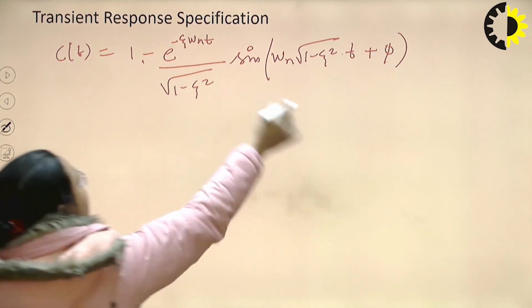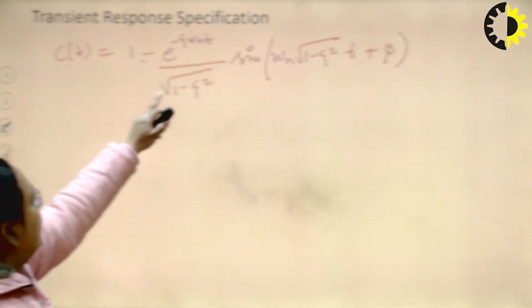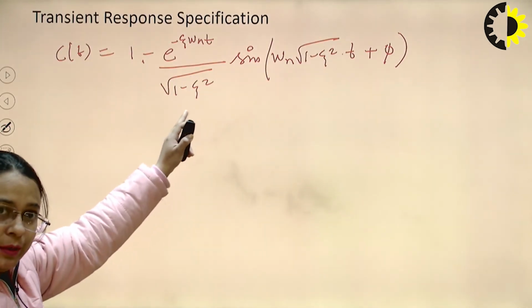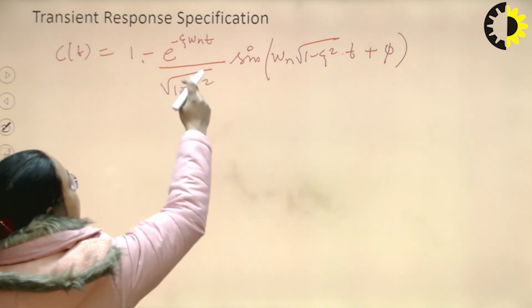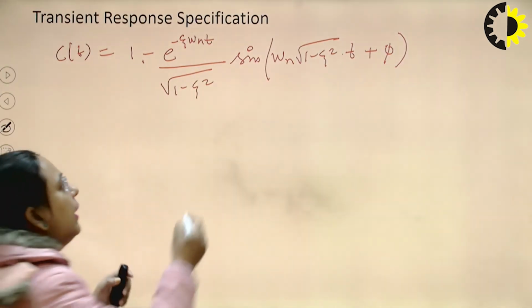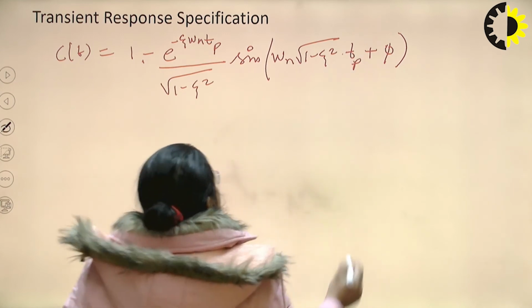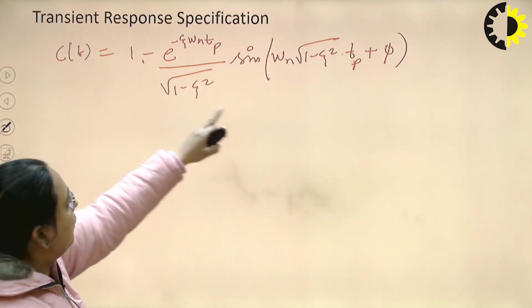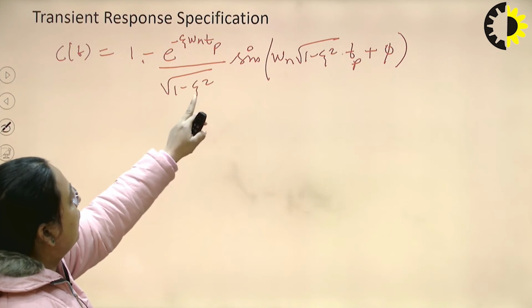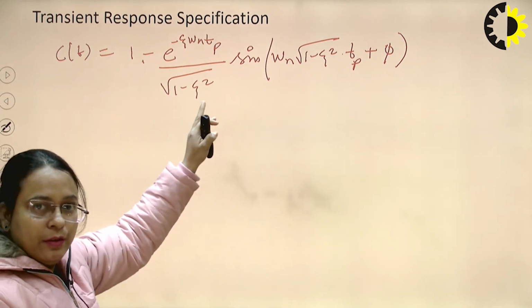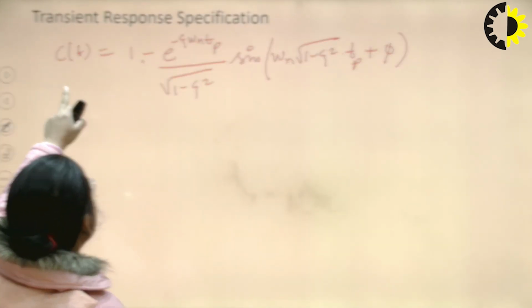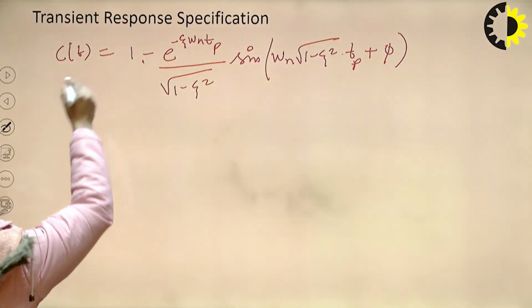Now I put t equals Tp in this expression, and this is the value for Ct max.